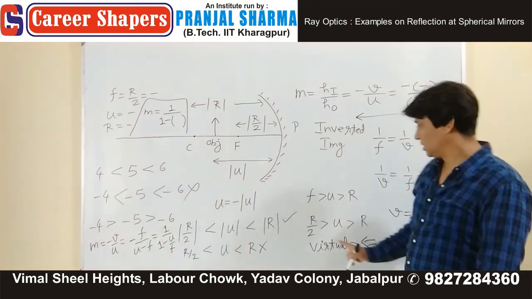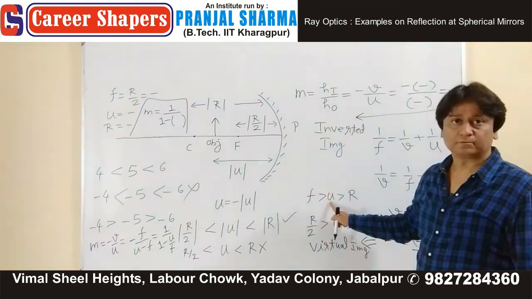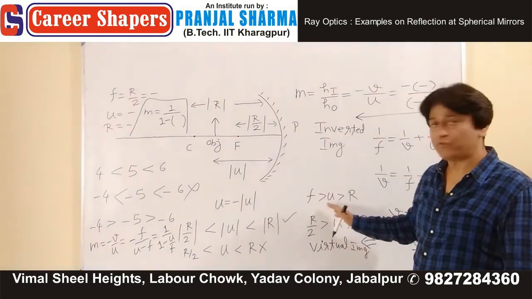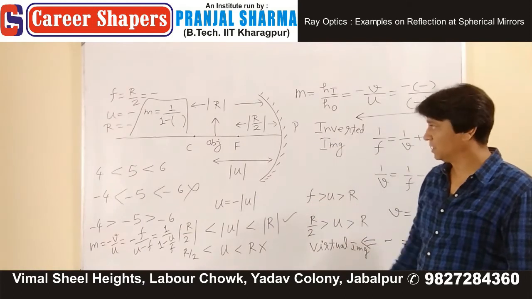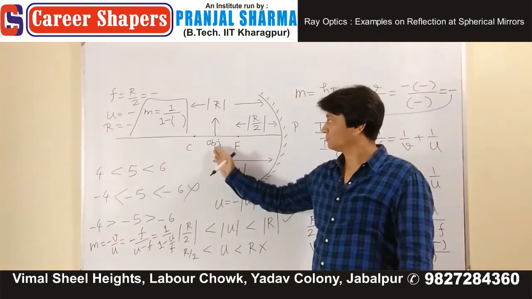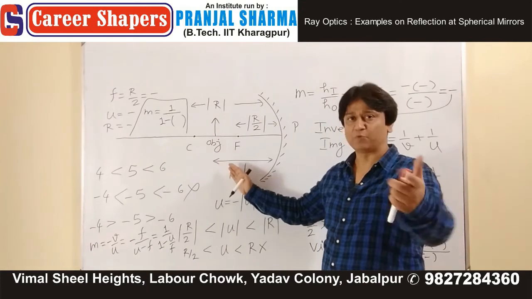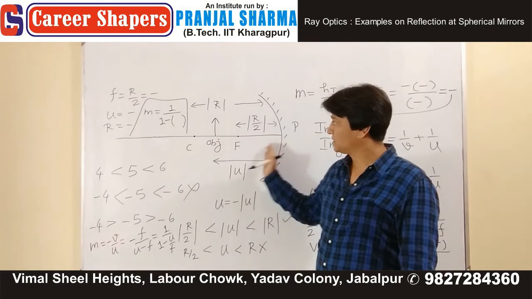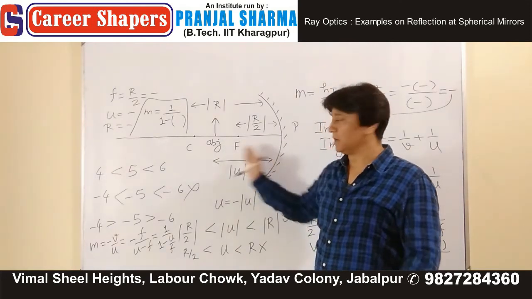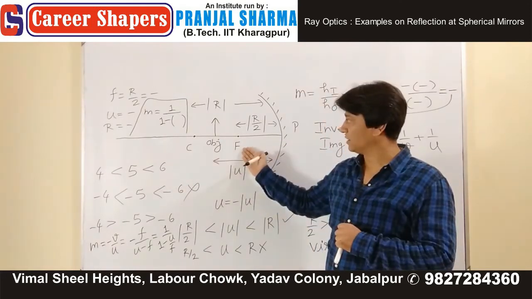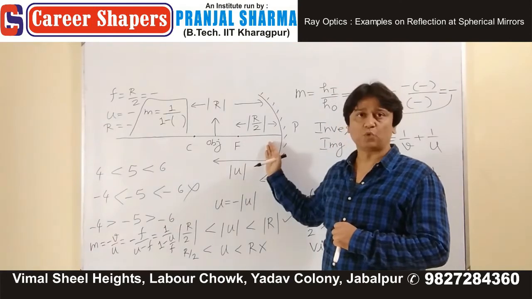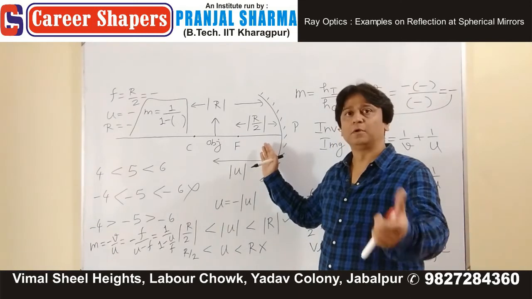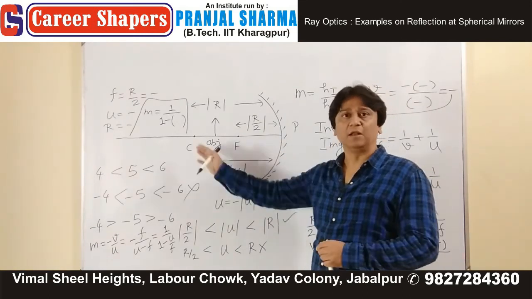Look here. When you go for the ratio of u and f, say u is 10 centimeter, that way it will be much easier for you to remember. If this is 10 centimeter, then f is 4, 3, something like that, less than 10.